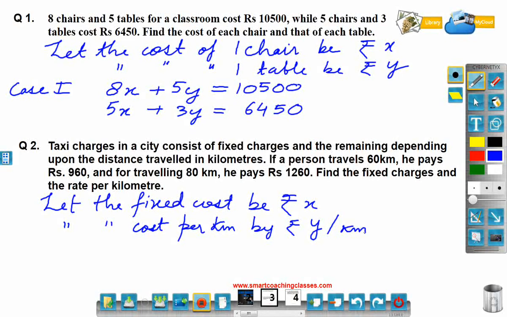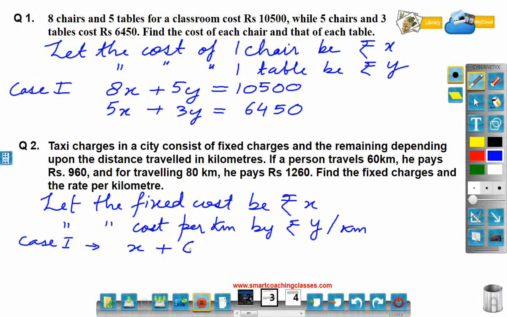Is that okay? So, moving on, let's form two equations. Case 1. Case 1 says a certain person traveled 60 kilometers, so he must have paid the fixed cost because he took that service. Plus, for every kilometer he would be paying y.